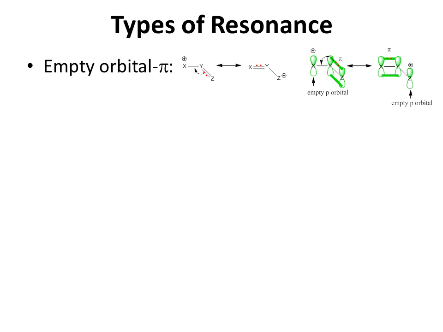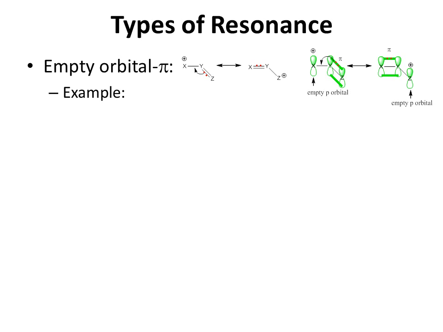That shifts the position of the pi bond from being between Y and Z to being between X and Y. So you can see that the electrons simply flow over and end up between X and Y. So now you have a pi bond there and an empty orbital on Z.